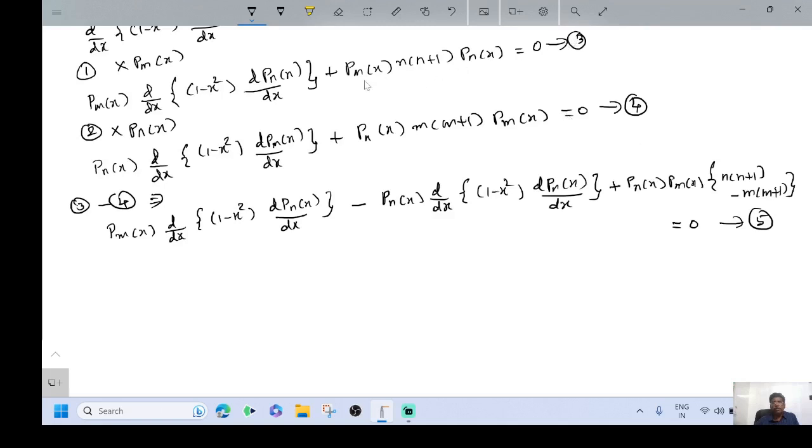We have taken out Pn of x into Pm of x as a common term. Then n into (n plus 1) minus m into (m plus 1).